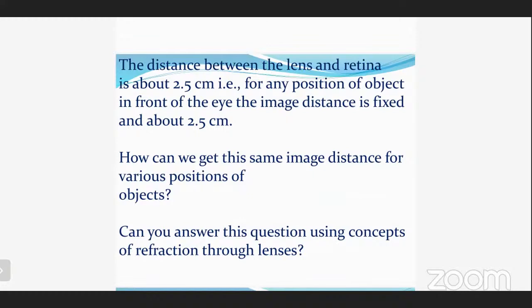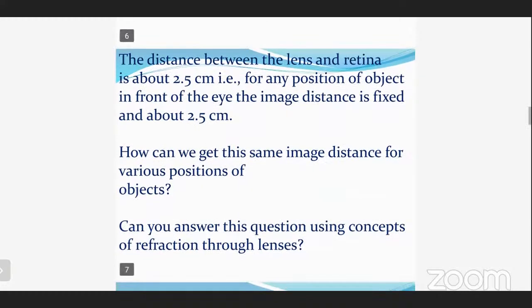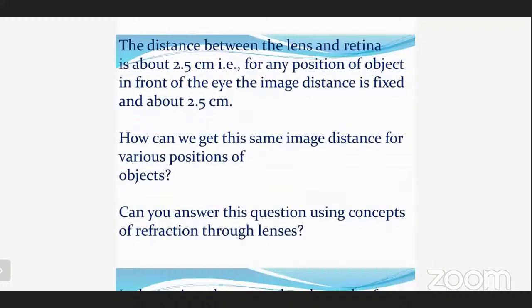Any object's image will be formed on the retina. In the figure, we observe that the distance between the lens and retina is about 2.5 centimeters. So for any object in front of our eye, the image distance is fixed at about 2.5 centimeters.